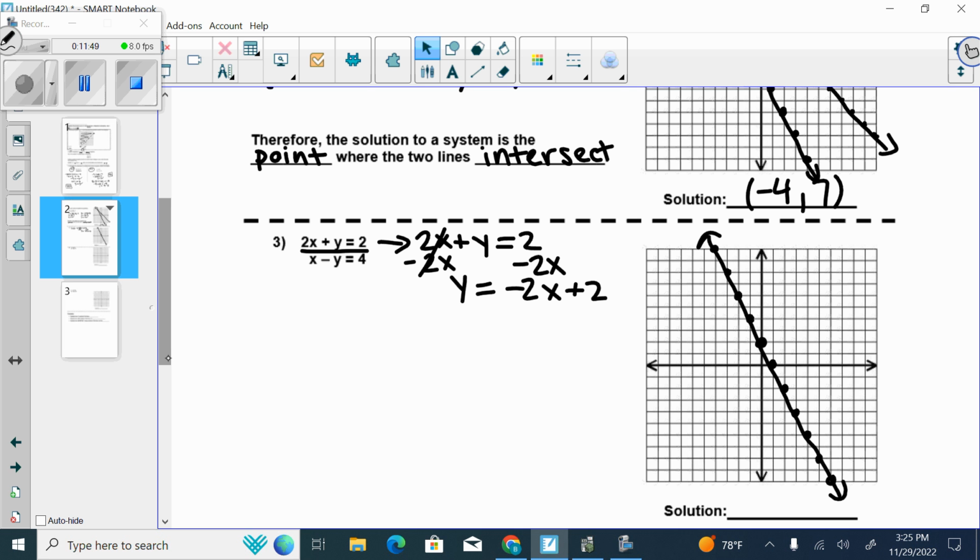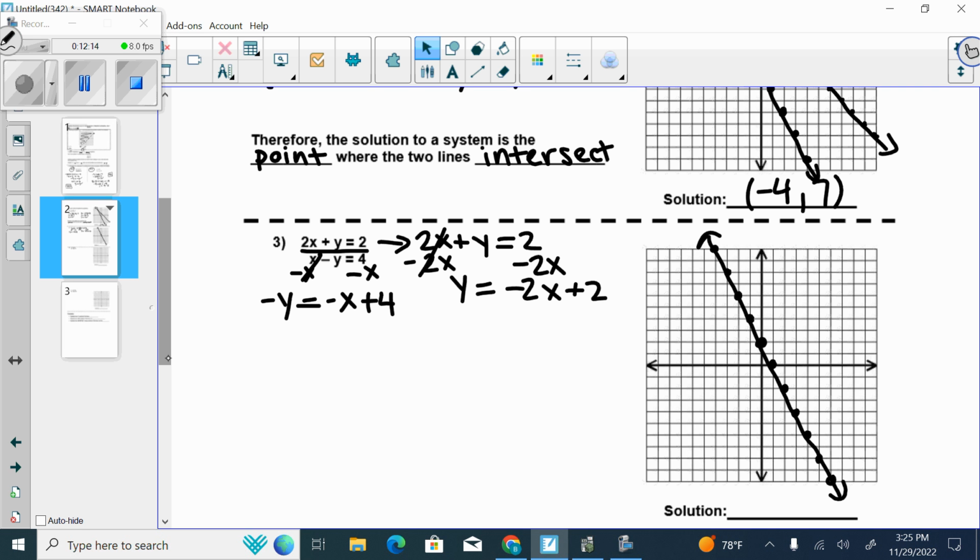That second equation, is it ready to graph? No. So what do I need to move on the second equation? The x again. So I've got to subtract x from both sides. And I've got negative y is equal to, again, we can't put them together. So just negative x plus 4. And we can't leave that negative in front of y.